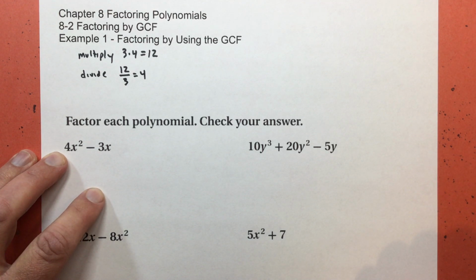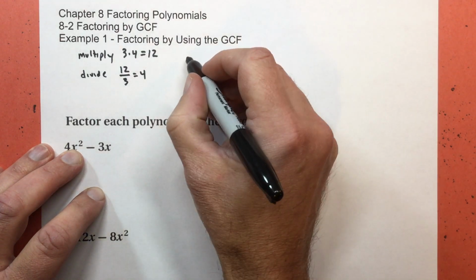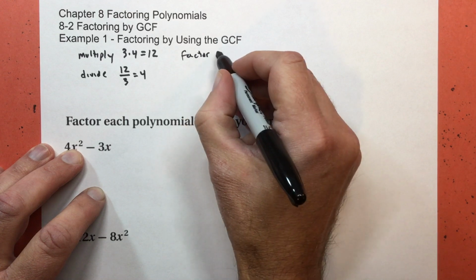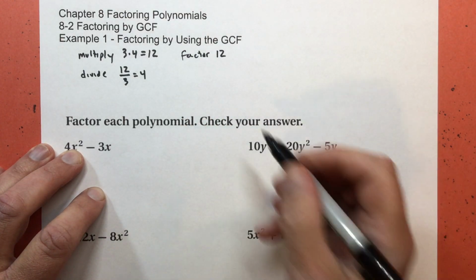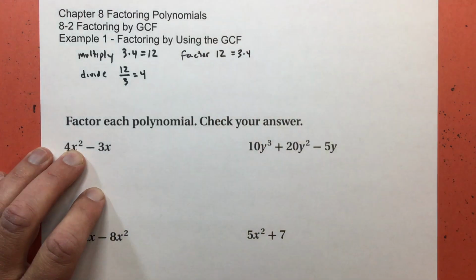But now here's where it becomes middle school arithmetic and starts to lead into high school algebra. If I say factor the number 12, then one of the choices could be 3 times 4.